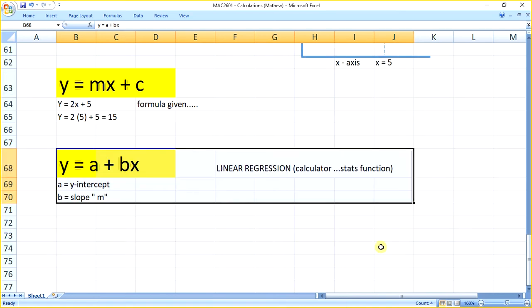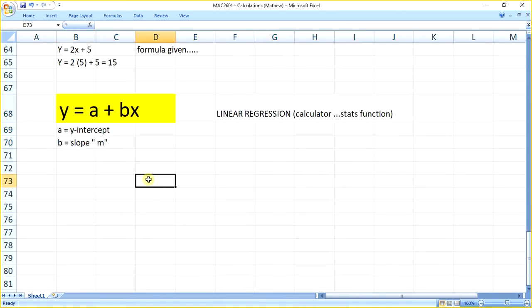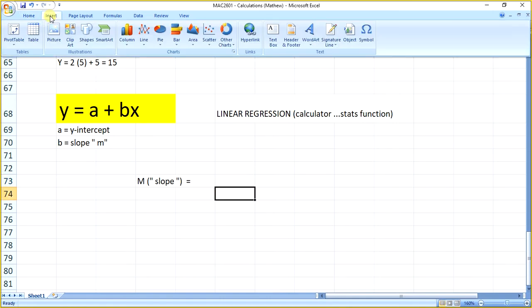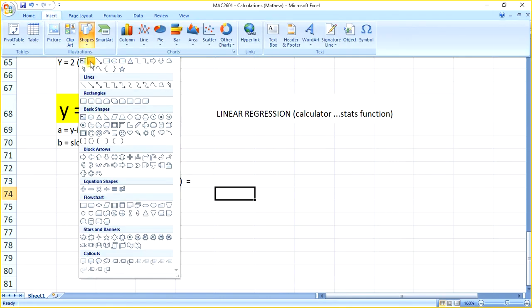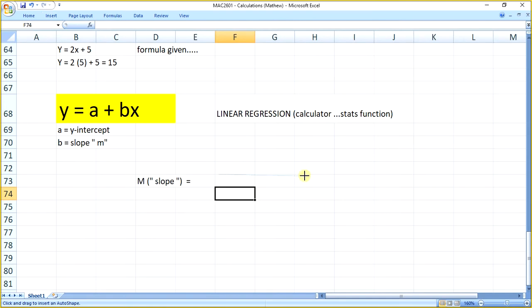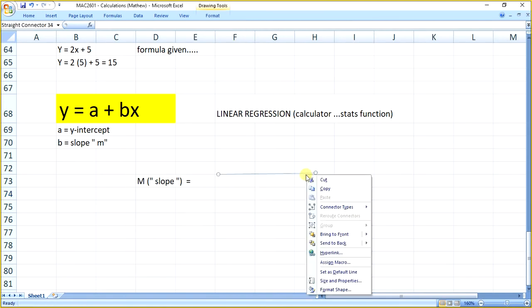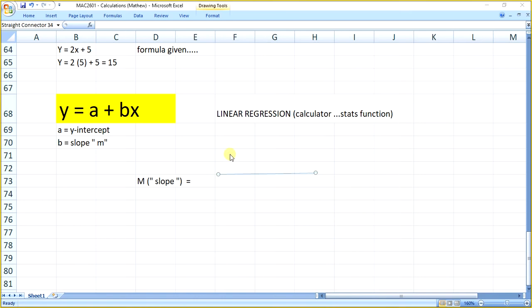Everything happy so far? Yes, very happy. Okay, we need to write down an equation for m, which is the slope. If I don't have m, I can actually solve for m. When solving for m, you need a fraction. I'm just going to draw a line here, just so I can show the numerator and the denominator.